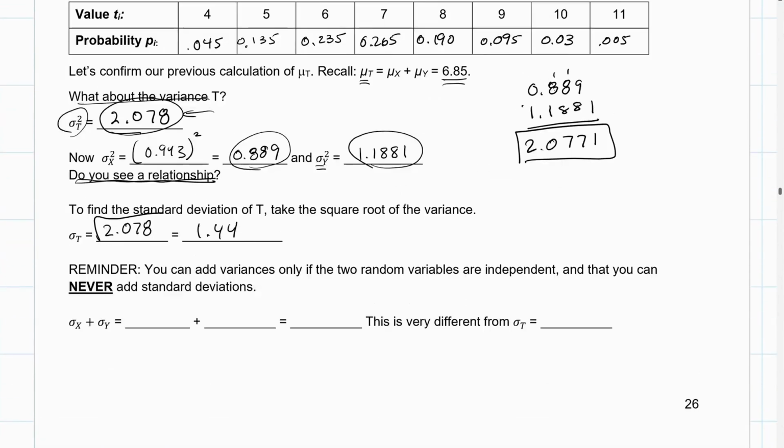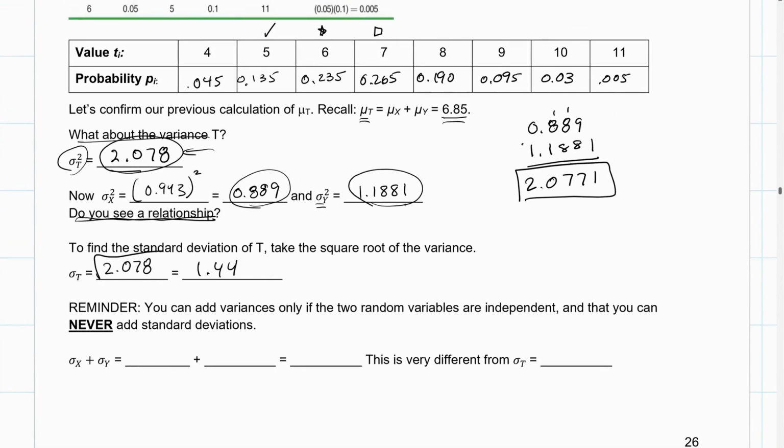Okay, remember, you can only add variances. You don't add standard deviations. The standard deviation of x was 0.943, and the standard deviation of y was 1.090.